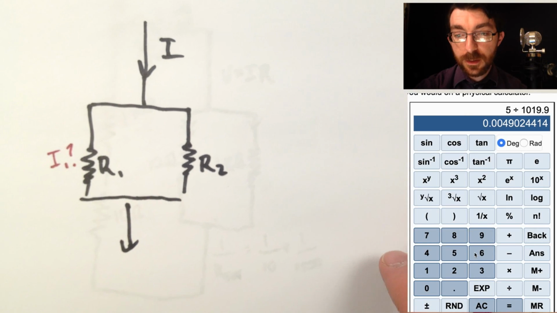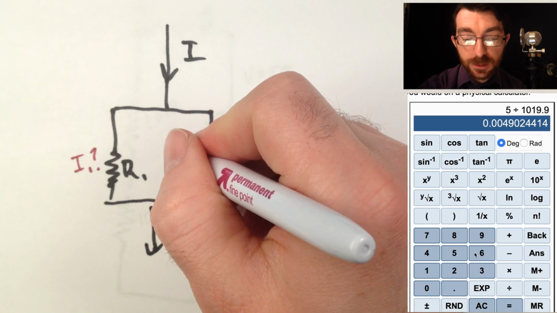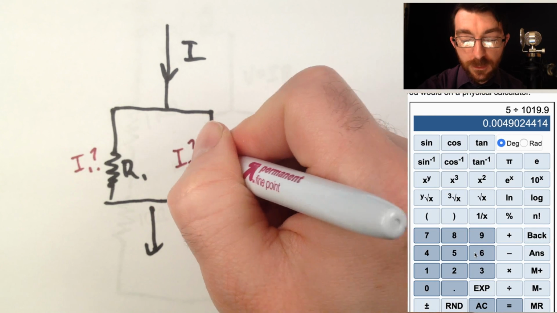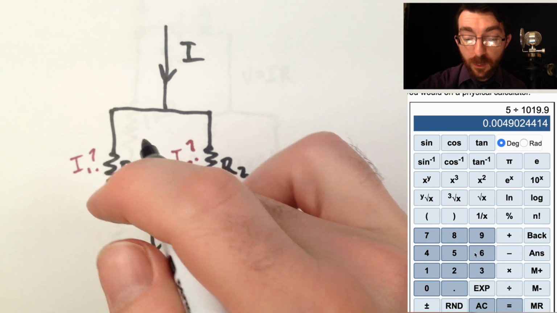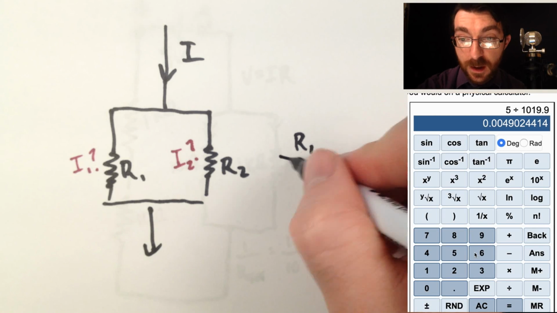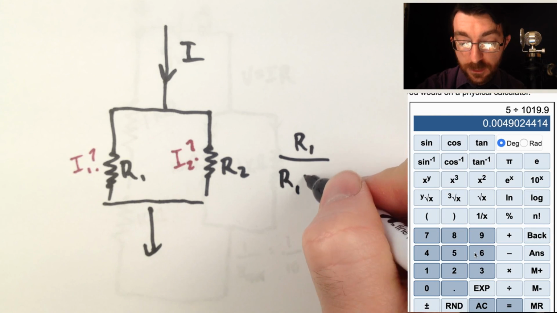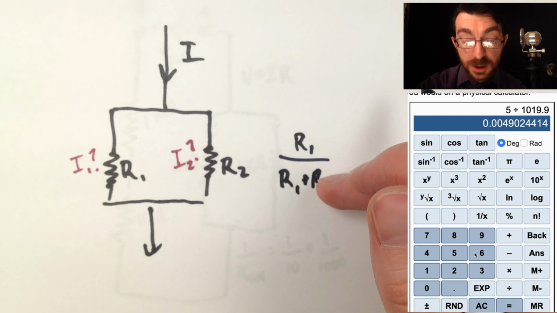That is, what is current 1? How much current goes through resistor 2? That is, what is current 2? So here's how this is going to work. Resistor 1 out of the sum of the two resistors is going to be the proportion of current.